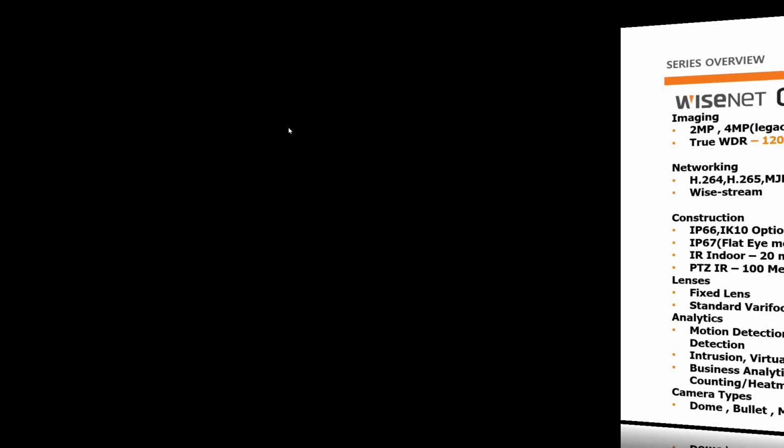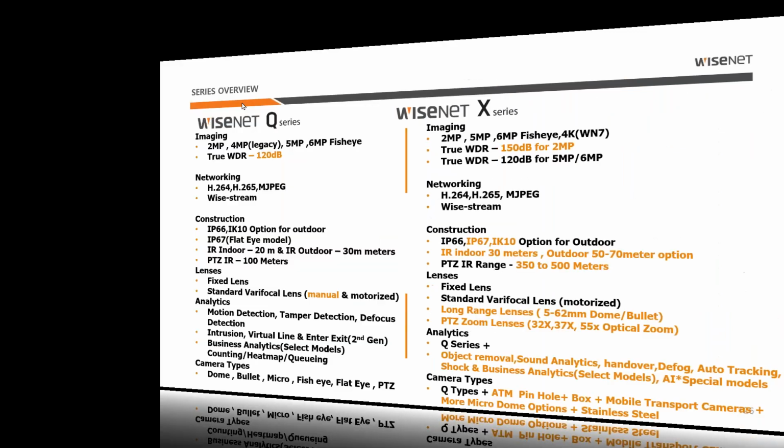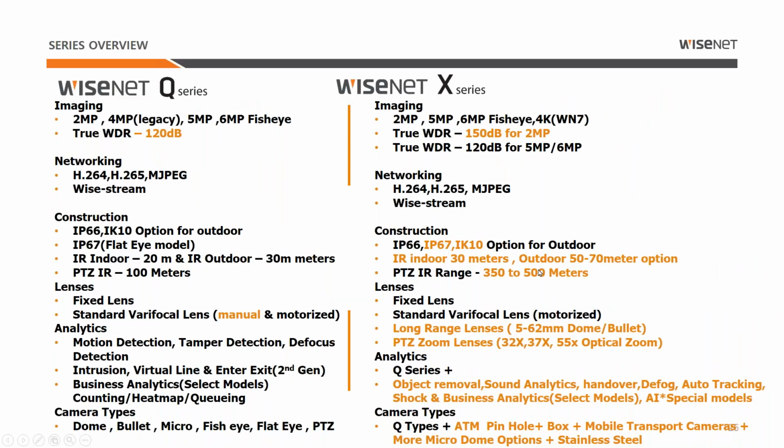Q versus X. Now, X series is known for having higher specifications, okay, slightly higher. For example, if IR range of Q series is up to 30 meter, in X series you can find higher IR range, and WDR range will be higher for X. So, in a project, if you have 100 Q series and 10 X series, most likely the X series cameras are for certain critical locations, entrances or car park entrances, or certain specific long distance entrances.